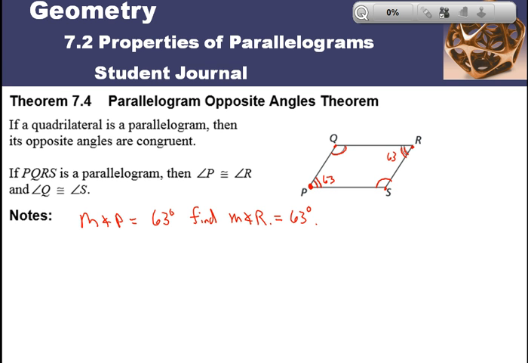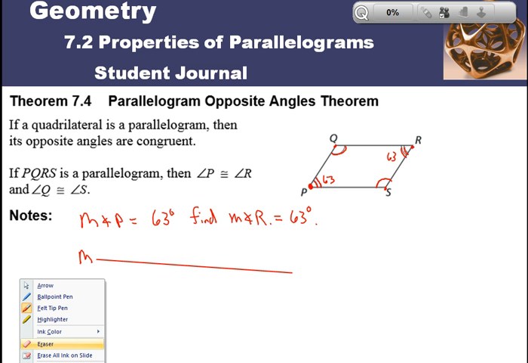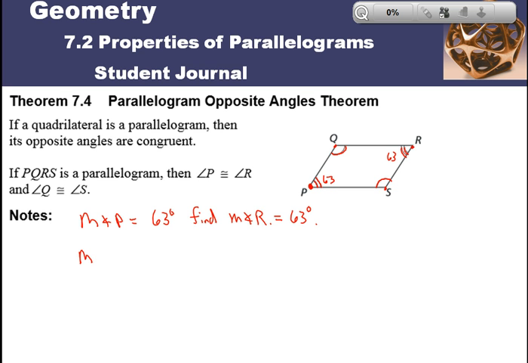Now let's make this one a little more difficult. It looks like angle Q is obtuse, so we'll give it a bigger angle. So the measure of angle Q, let's say, was 140.